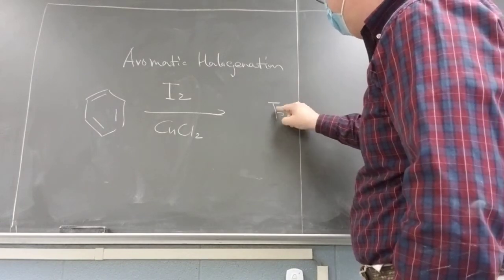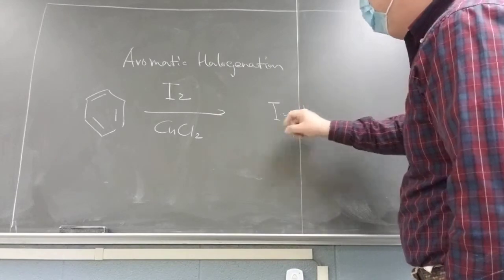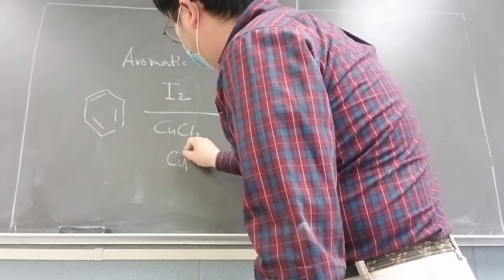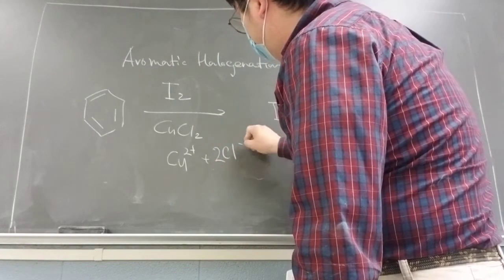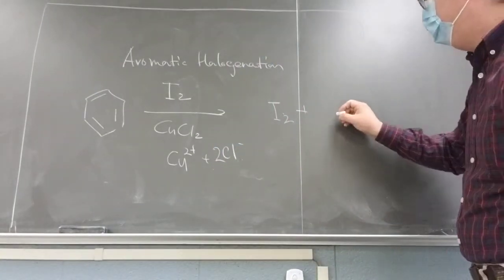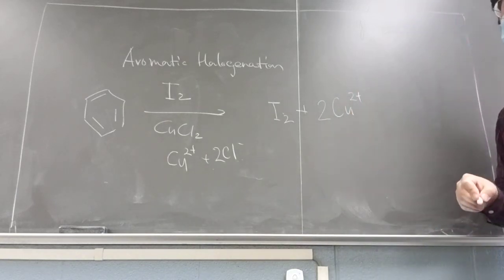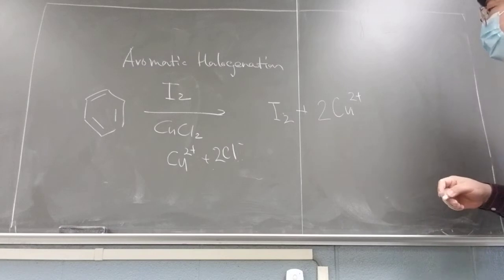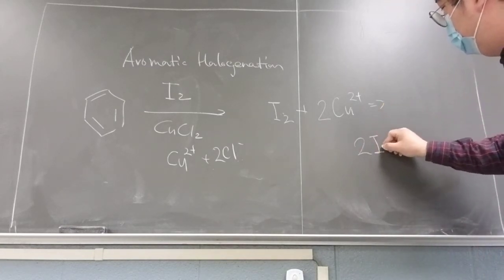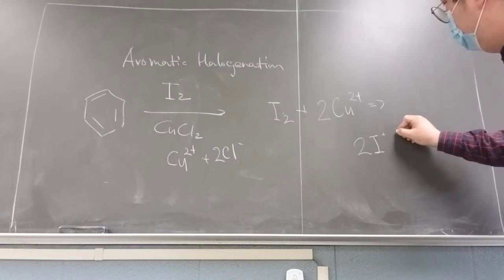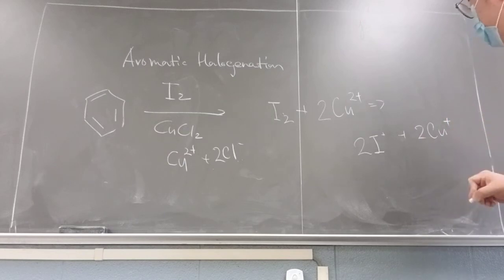This copper 2 iodine molecule over here means you have a copper 2 plus and 2 iodide minus over here, right? So we're going to use a copper 2 cation, and then you can actually do 2 iodine cation here with the 2 copper plus 1.